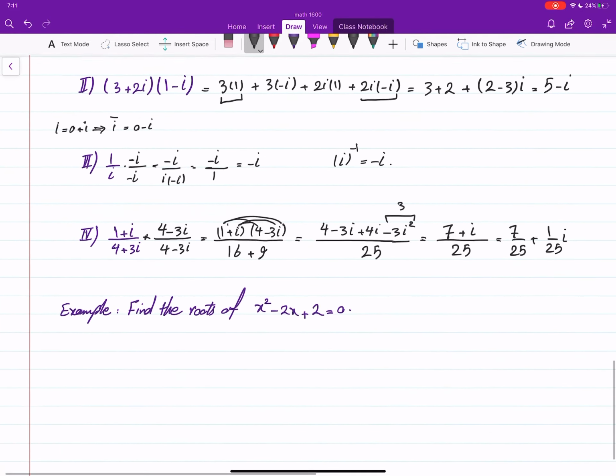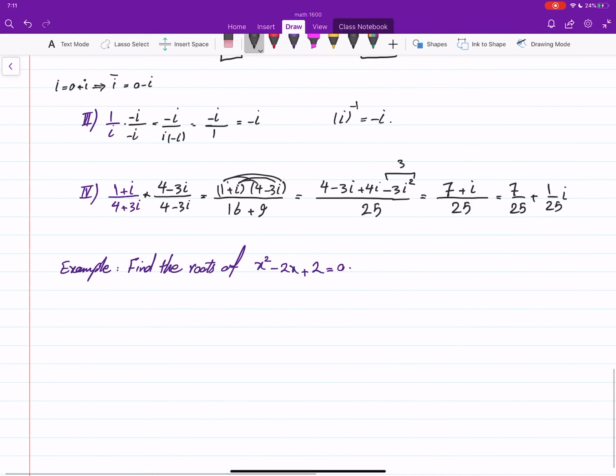Well, one interesting thing is that all the formulas we know for the real numbers will work for the complex numbers. For example, if you're looking for roots of a quadratic equation, you just go ahead and use quadratic formula. So in this case, basically we have the solutions are going to be minus b plus minus square root of b squared, which is negative 2 squared, minus 4ac over 2a.